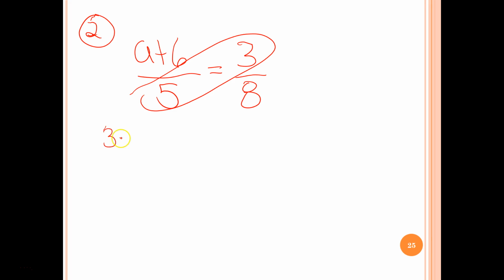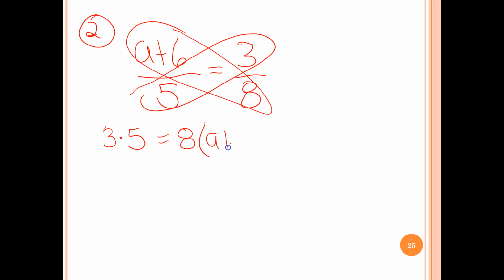So notice 3 times 5 is going to be equal to, and this is where it's different than what we've seen before, I'm going to put that 8 on the outside left, 8 times (a + 6). Notice the entire expression a + 6 is being multiplied to 8. Now we can go for it. 15 equals 8a plus 48.